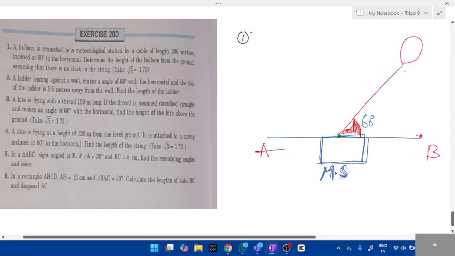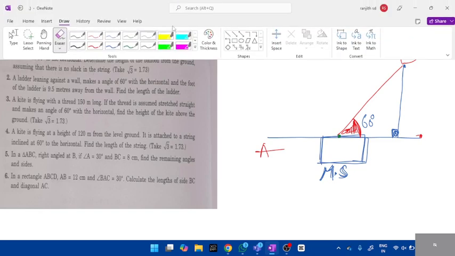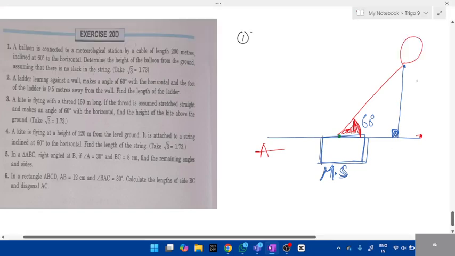Now, wherever the balloon is given, from there I connect a straight line so that we get 90 degrees. Which triangle is formed here? Right angle triangle. The angle is 90 degrees. So I'll name it.